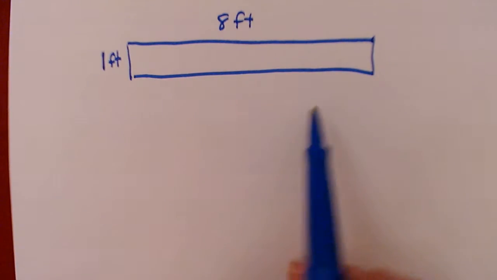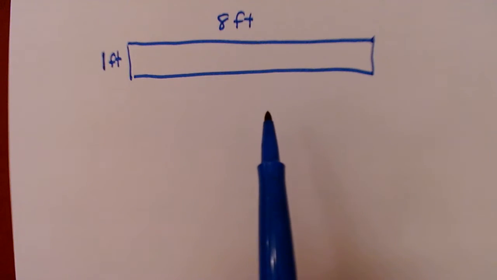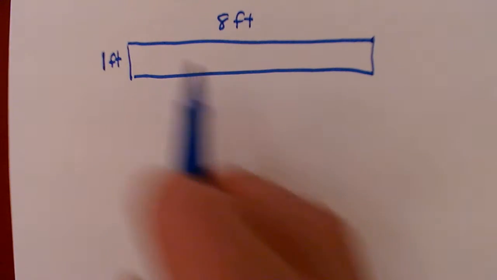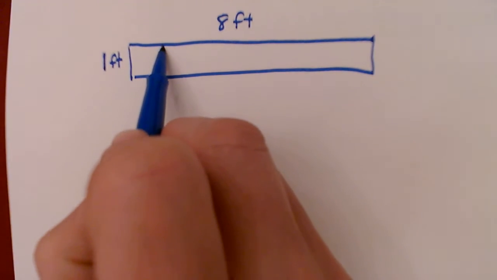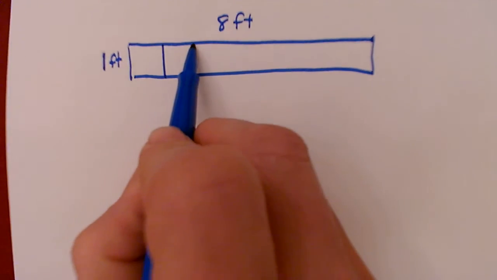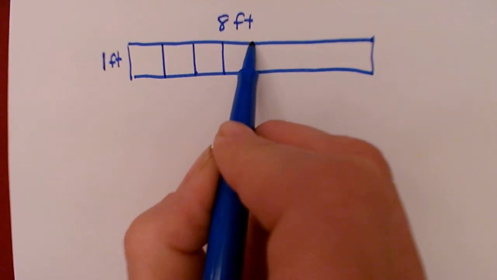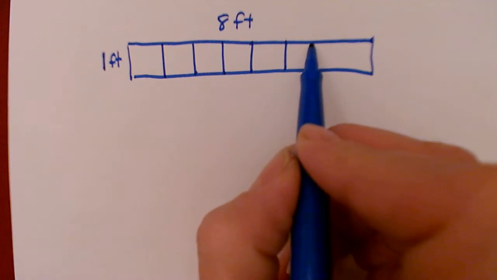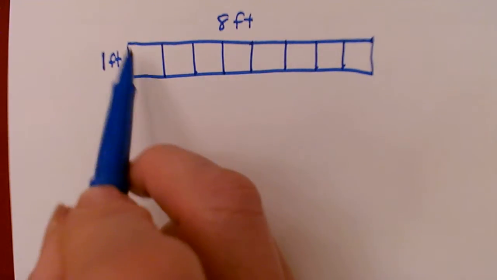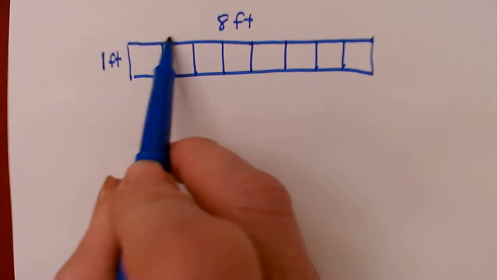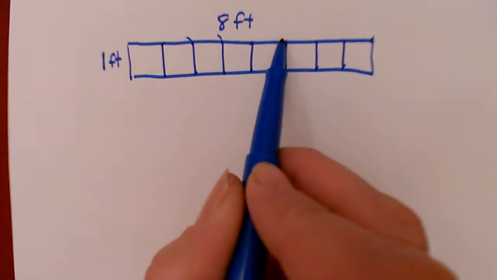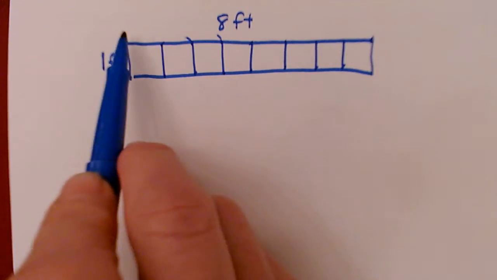If I wanted to know how big this was, again, area is going to be measured in square units. So what I would do is figure out this is 1, 2, 3, 4, 5, 6, 7, 8 squares going this way.